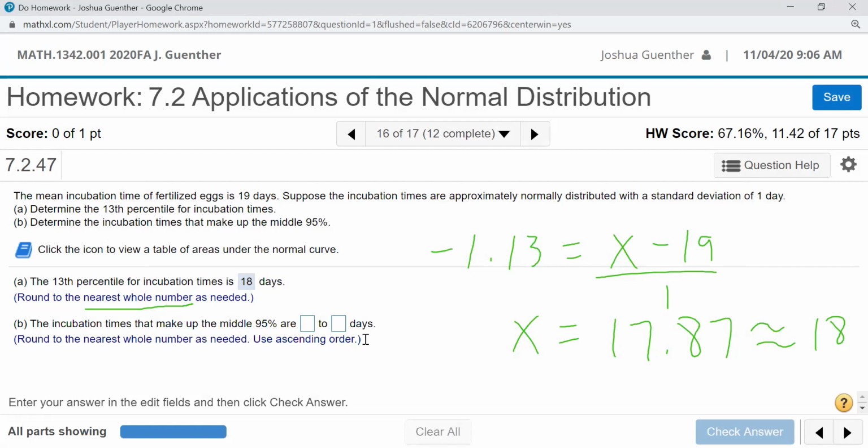Finally, this one's going to be kind of tough, not really necessarily. The incubation times that make up the middle 95%. We need to go back to the standard normal curve and think about it for a second. Get ourselves a nice picture of the standard normal curve, something like that.